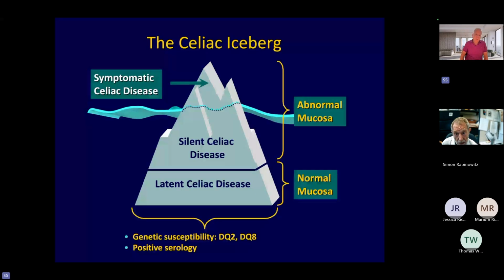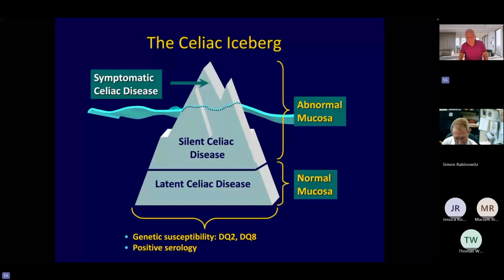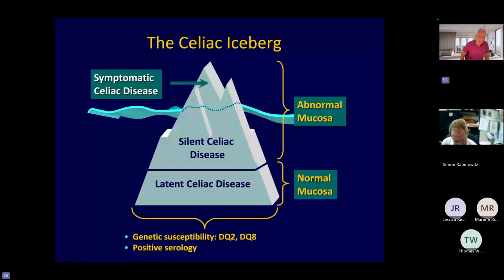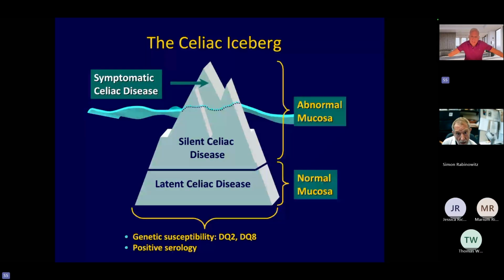These are individuals who present with a wide variety of problems, including weight loss, short stature, primary amenorrhea, and other endocrine-like problems that may be associated with celiac disease and with other conditions as well. These patients, of course, will have abnormal intestinal mucosa.